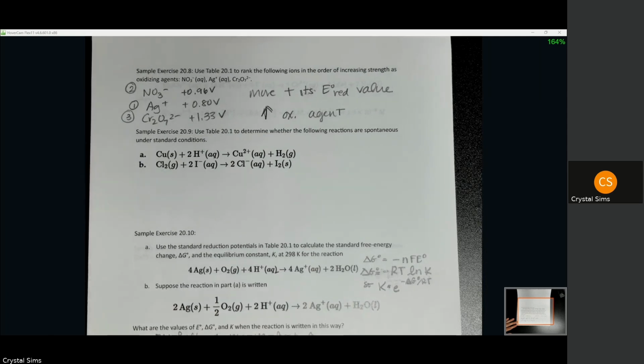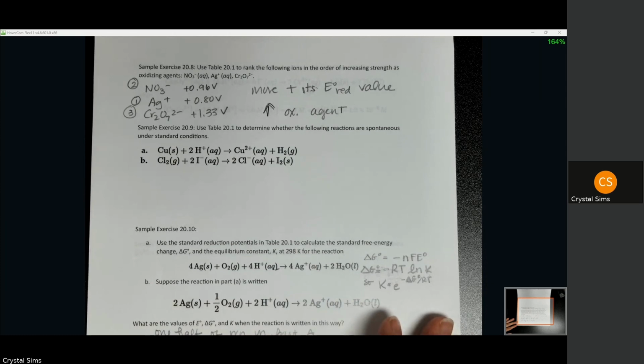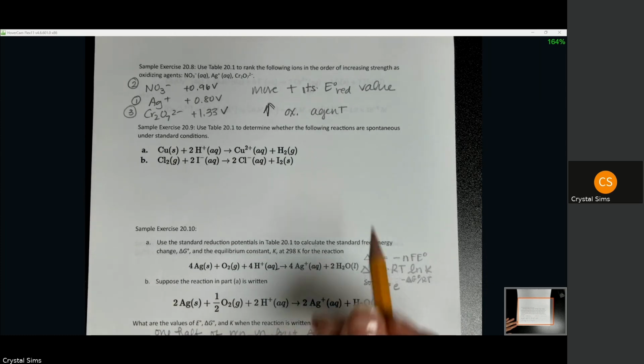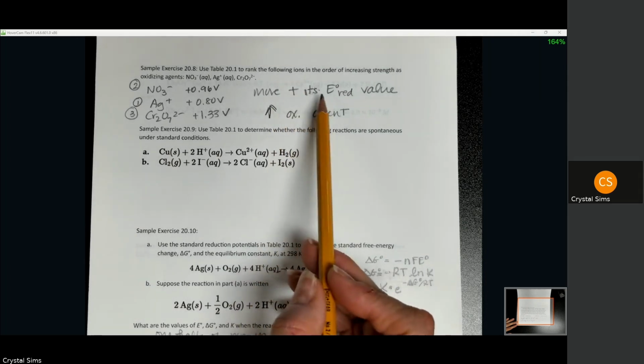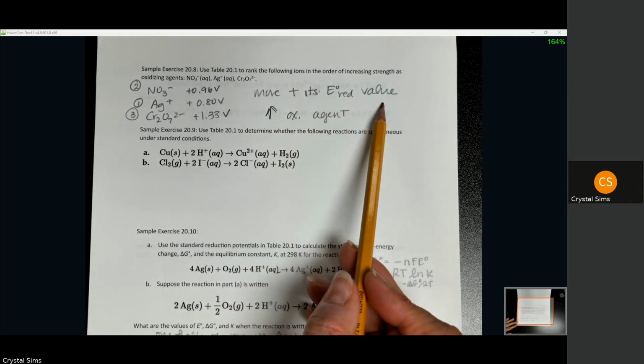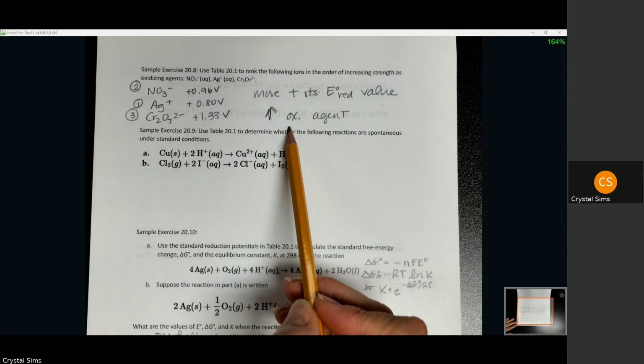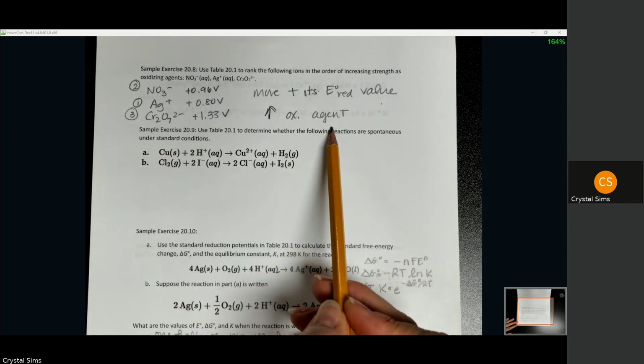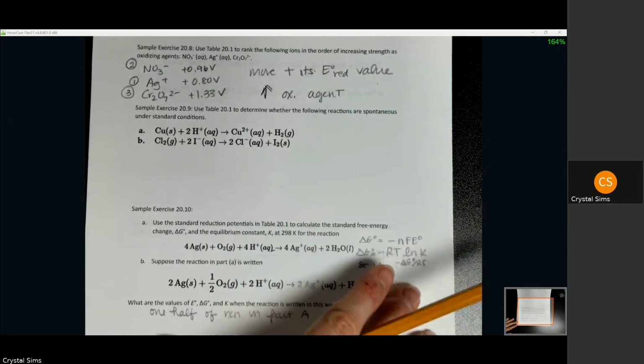So when you have a question like this, just look at their reduction potential. The more positive the reduction potential value, the stronger it is as an oxidizing agent.